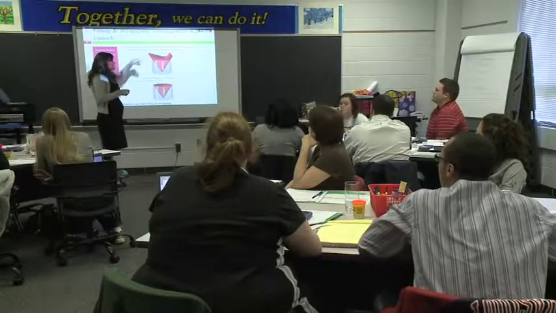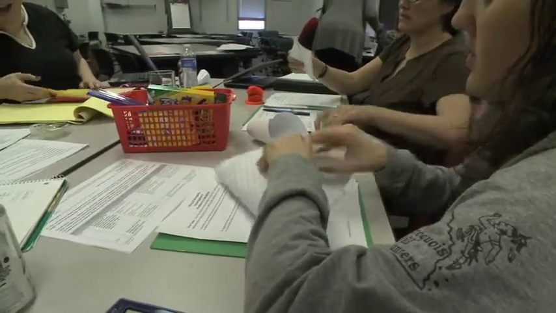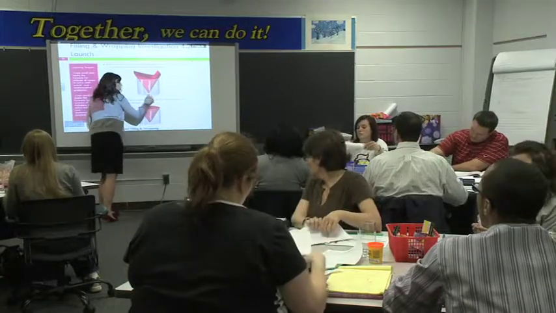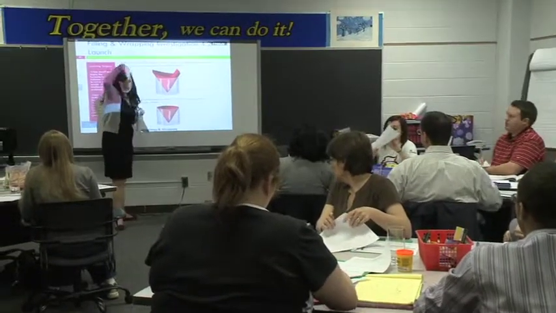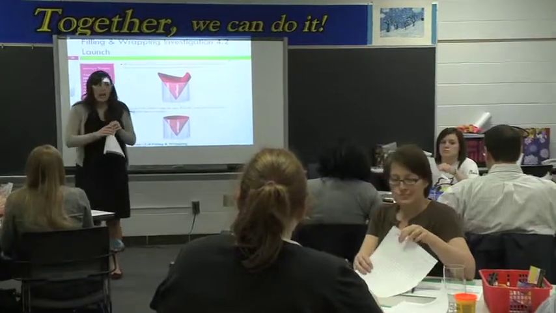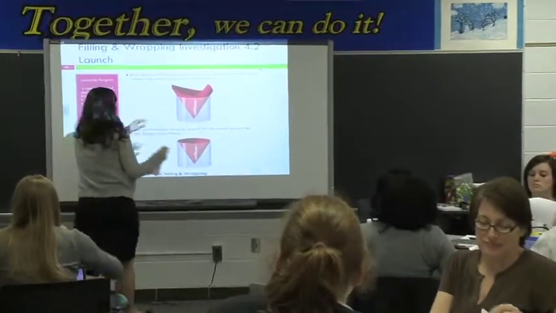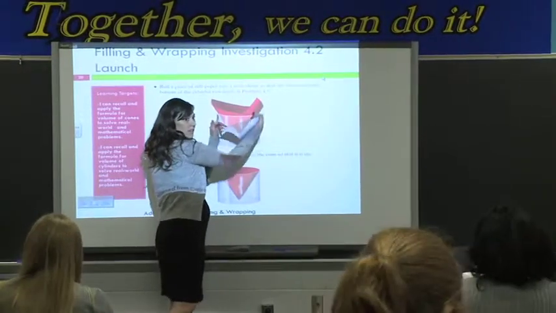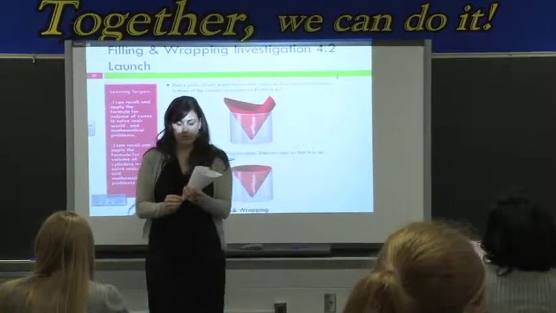So you're going to take a piece of paper and you're going to roll it into a cone so that you have a point that hits the base inside the glass, and so that the cone itself opens up flush with the edge of the glass.